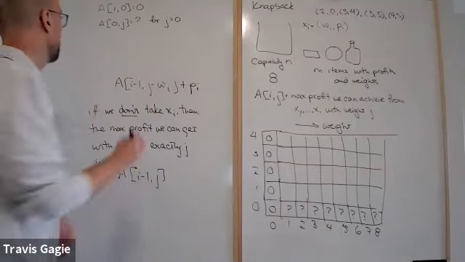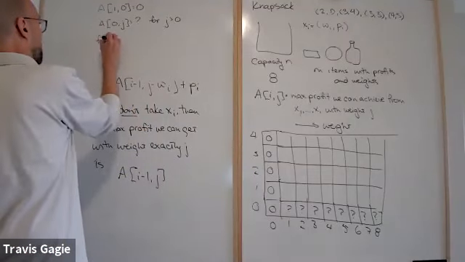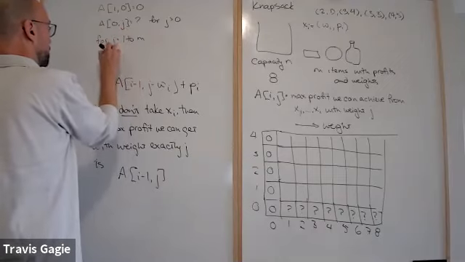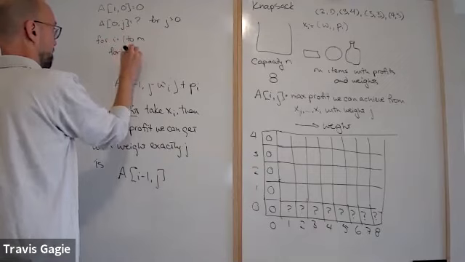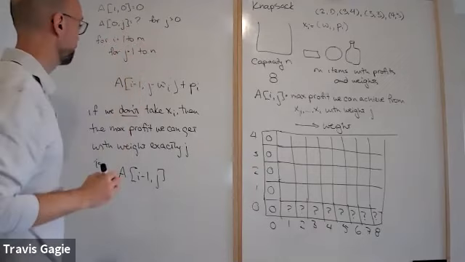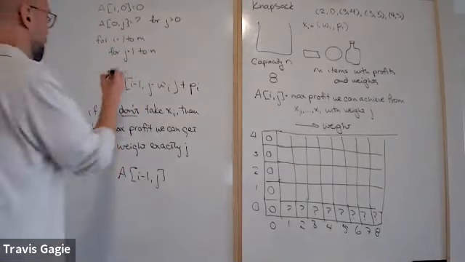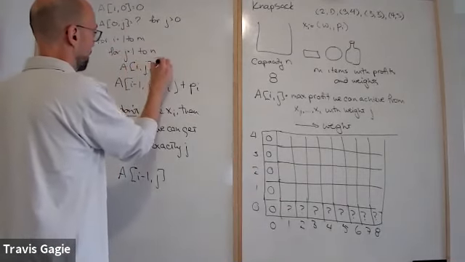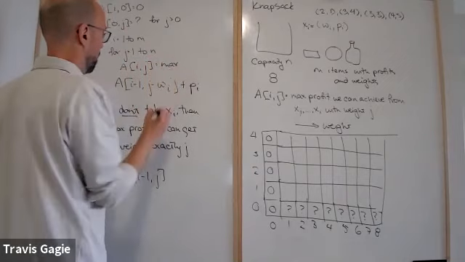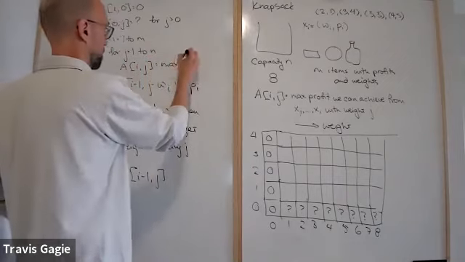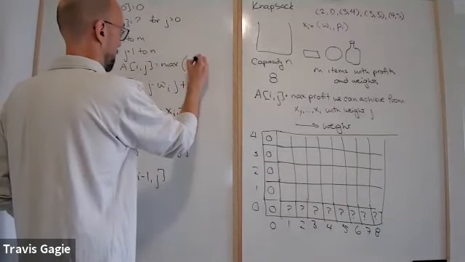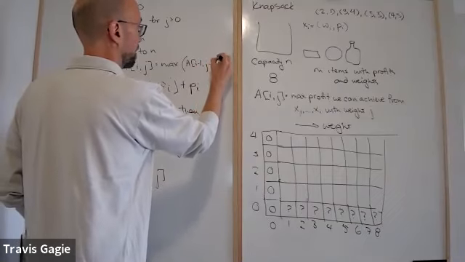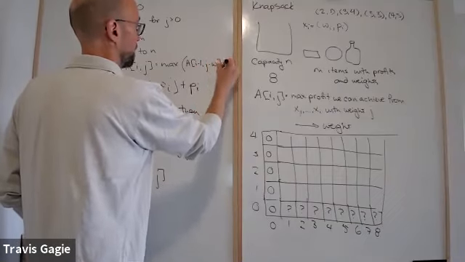Okay, so now for i equals 1 to m, for j equals 1 to n, Aij equals max of this, A(i-1), j minus wi plus pi.